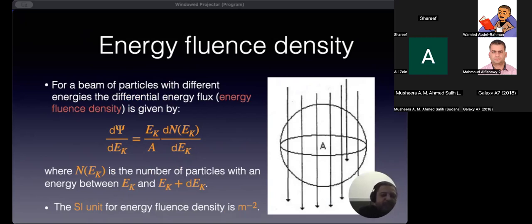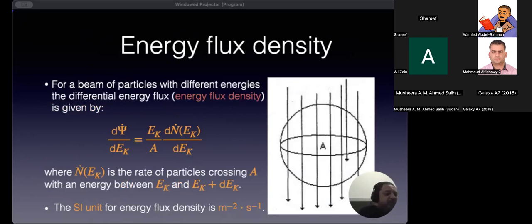The SI unit for the energy fluence density is per meter squared. Although the energy fluence has an SI unit of joules per meter squared, the energy fluence density actually has an SI unit of per meter squared.